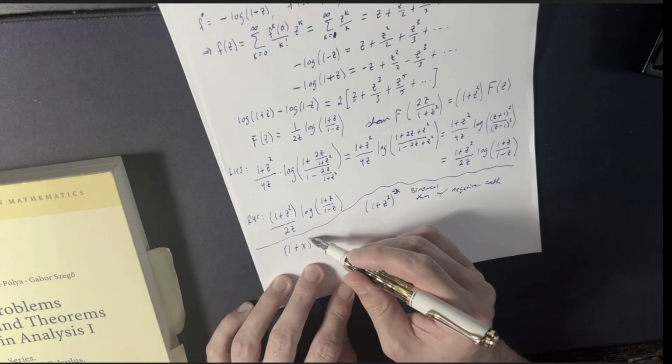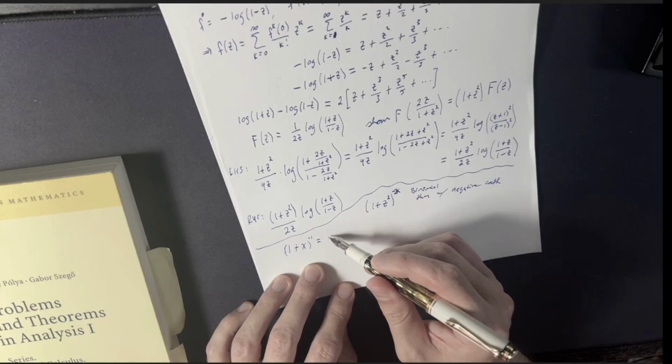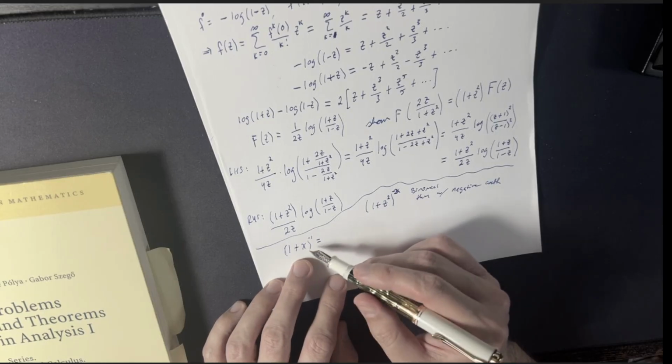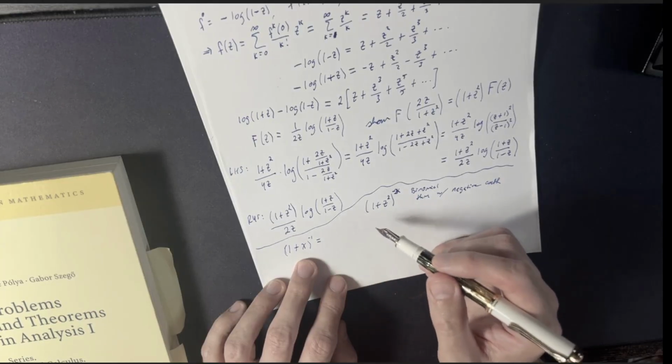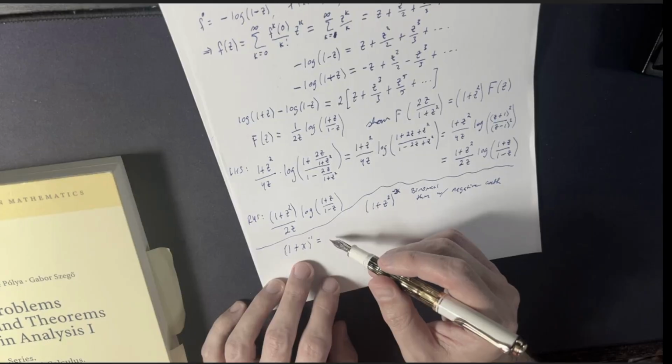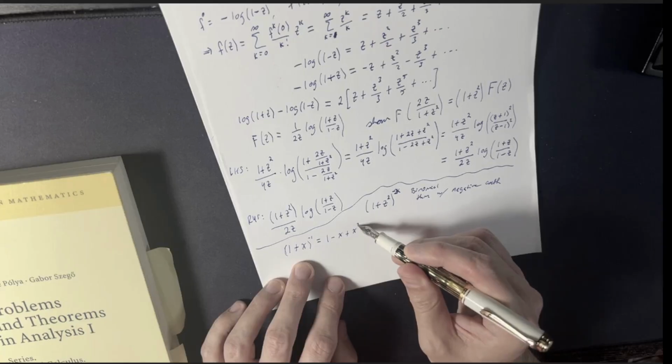So if you had this, you're aware that if it was 1 over 1 minus x, you just get 1 plus x squared, etc. In this case, you get 1 minus x plus x squared.